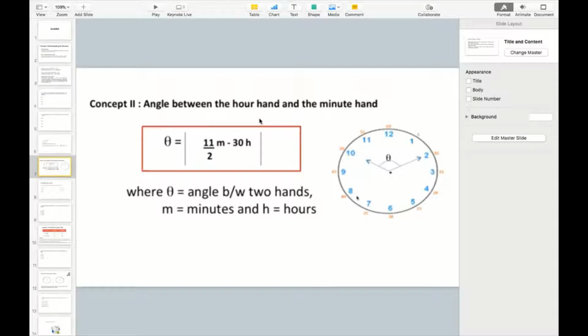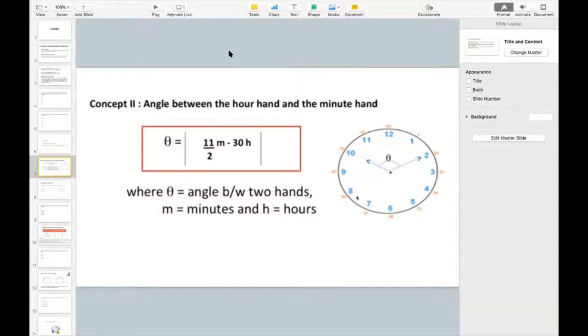I'll repeat again, guys. The question was that between 4 to 5 p.m., exactly at what time do the hands of a clock coincide? Okay, so now what is the question? They have given us the angle indirectly, because if the hands are coinciding, then the angle between the hands is 0 degrees.